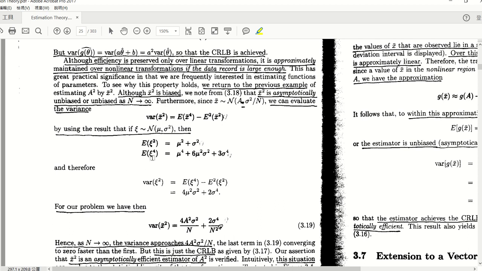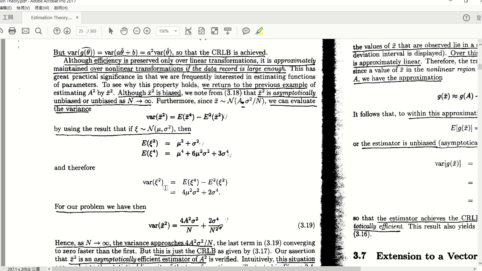And therefore, the variance of c squared is equal to the expectation of c to the 4 minus the expectation of c squared, squared. This thing is the square of this, and this thing is here, so we just put this here and do some simplification. We get the variance of c squared.